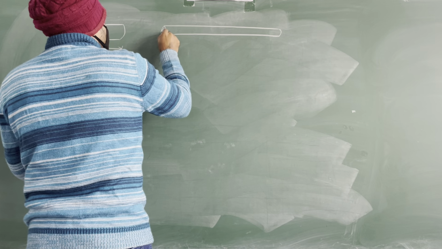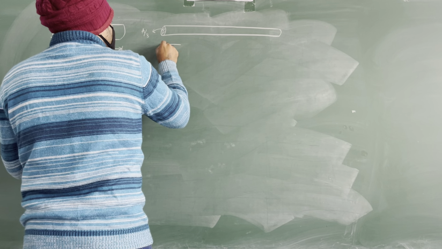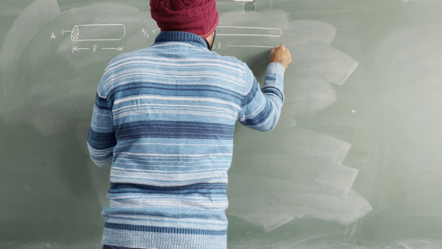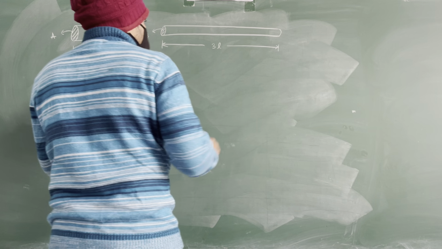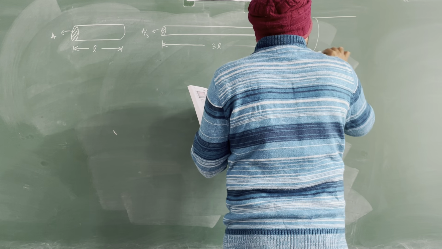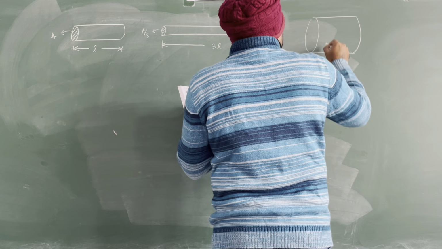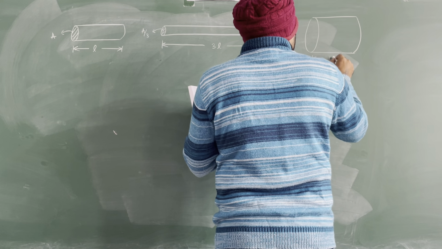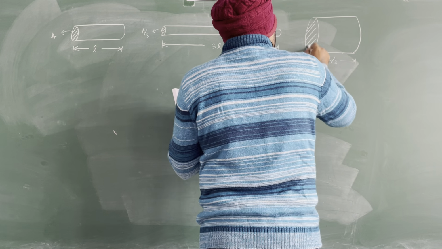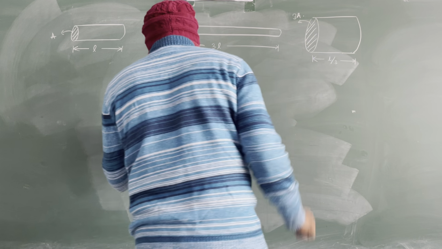Here the area of cross section is A by 3 and the length is 3 times L. And the last one is this one. Here the length is L by 3 and the area of cross section is 3 times A.